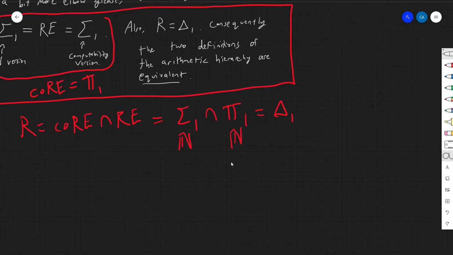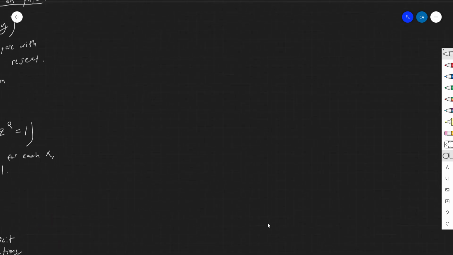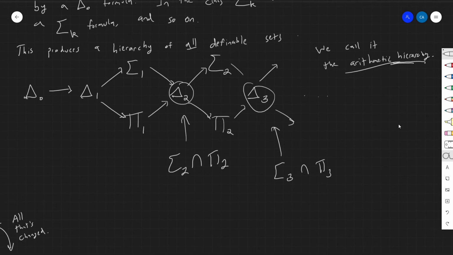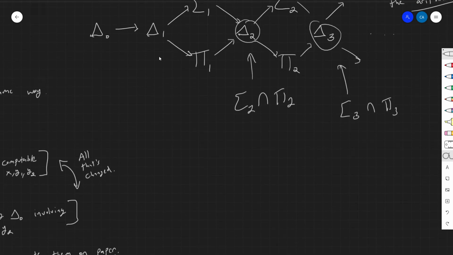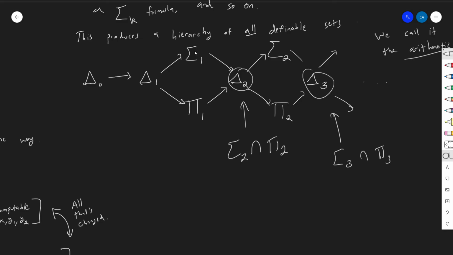One thing we didn't say for sure is, I defined this hierarchy, but I didn't show you that this hierarchy is actually a hierarchy. Who's to say that delta 1 isn't equal to sigma 1? Who's to say that these two classes aren't actually the same?